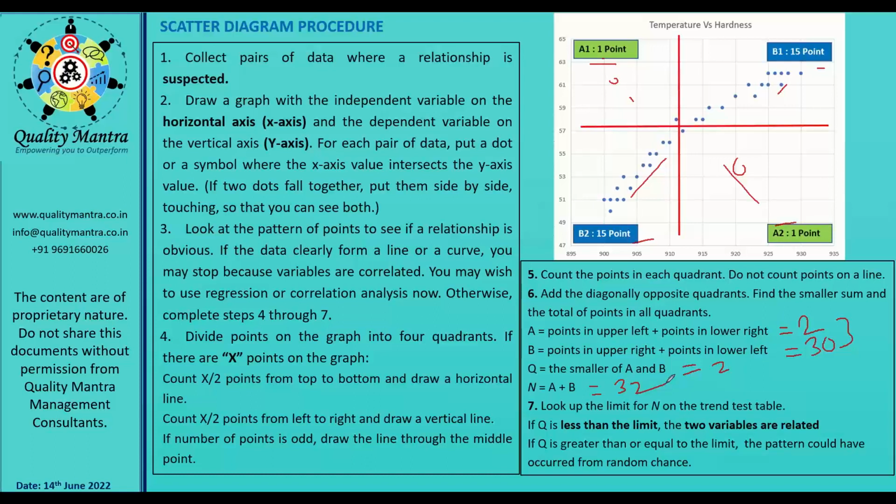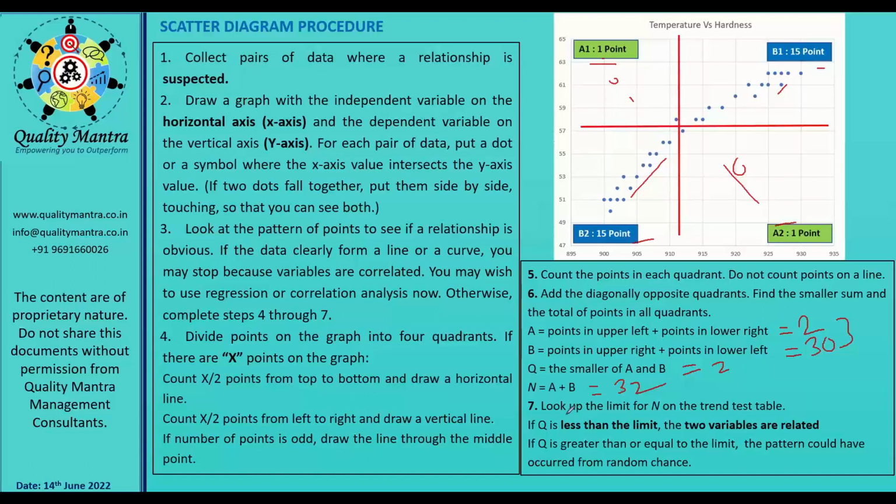Any confusion, any clarification you require till this? You need to calculate the Q and N basically. The N is 32, Q is 2. Why is Q 2? Because A is 2 and B is 30. The lower of A and B is Q, that is 2. Okay.